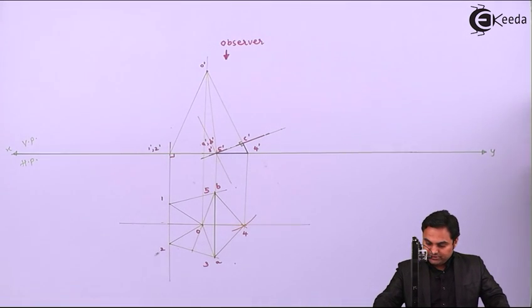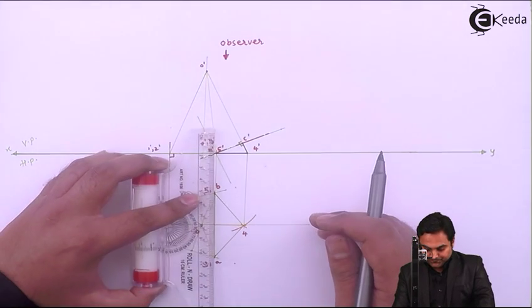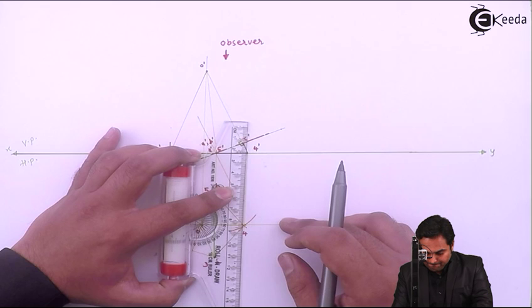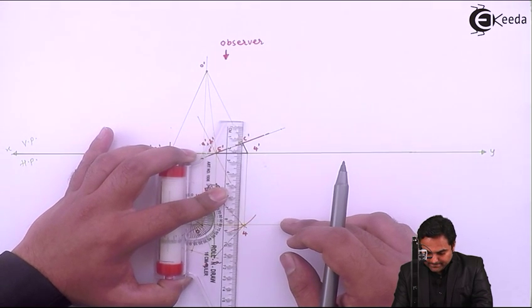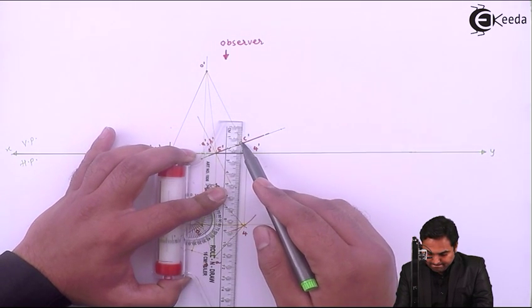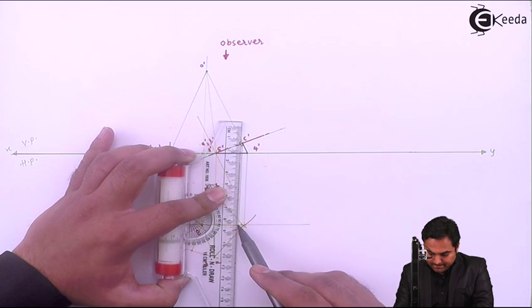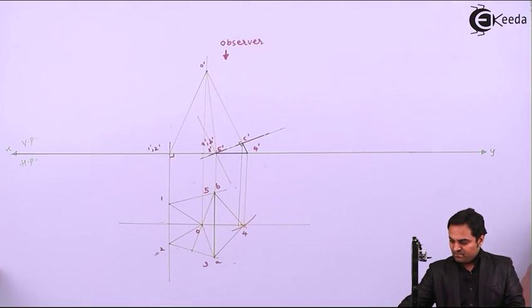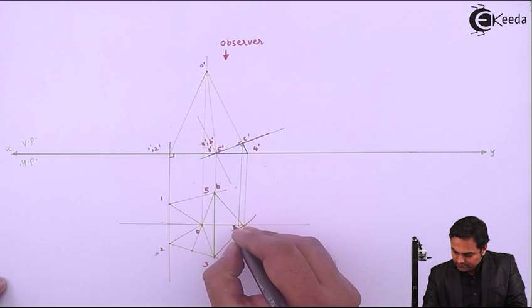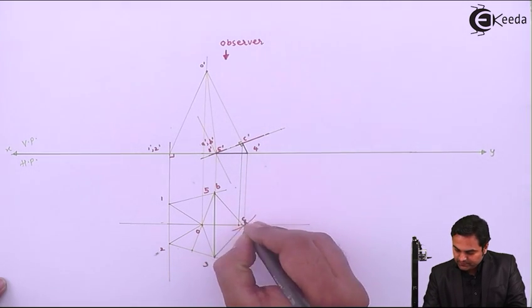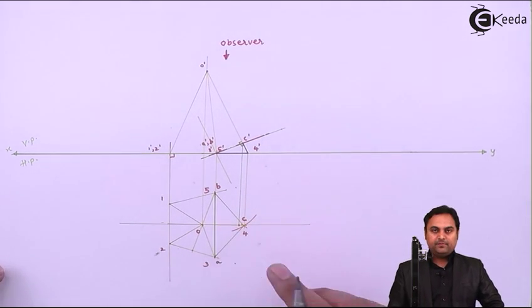And now I'll project this point C dash in the top view. This is point C, and that will give us the minimum height.